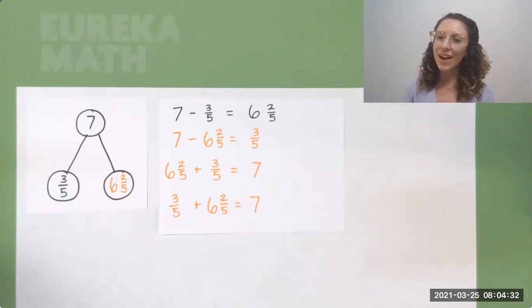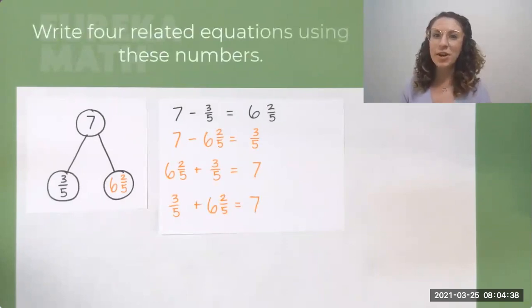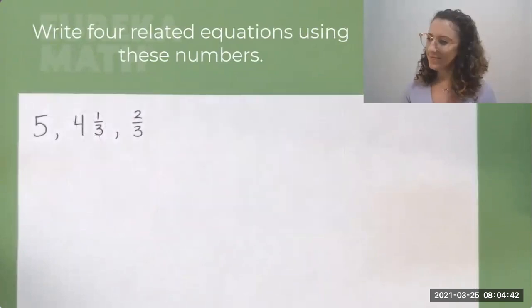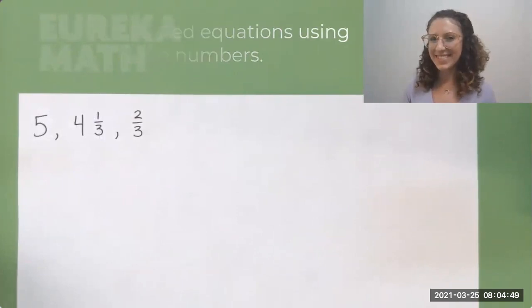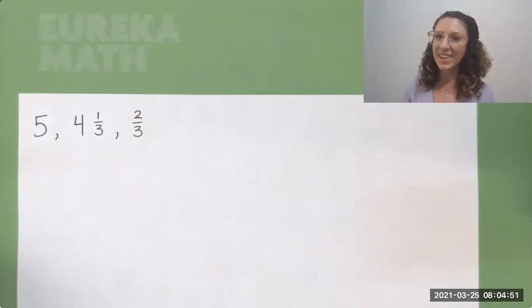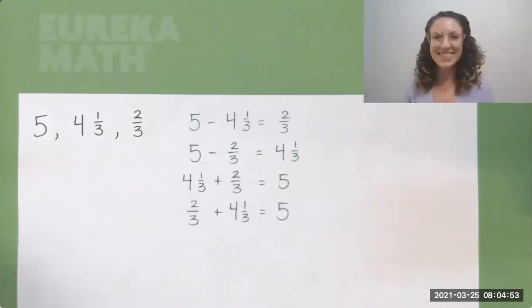You might even visualize a tape diagram or a number line in your mind for each equation. Hit pause and try on your own with these numbers. And the equations are, did you get them?